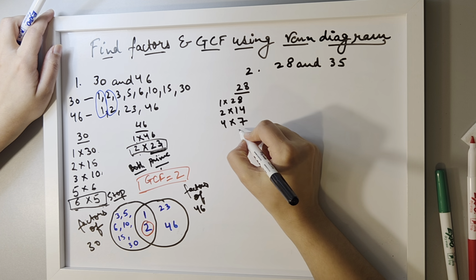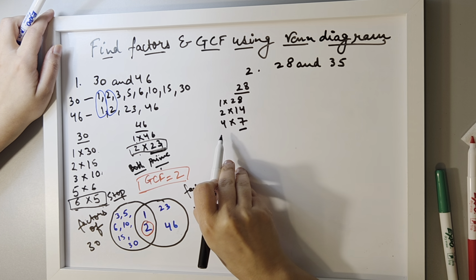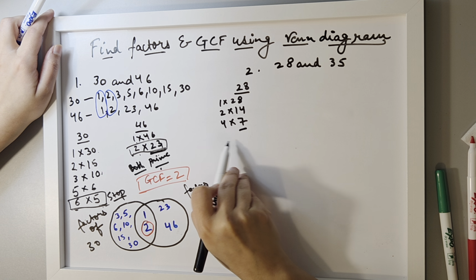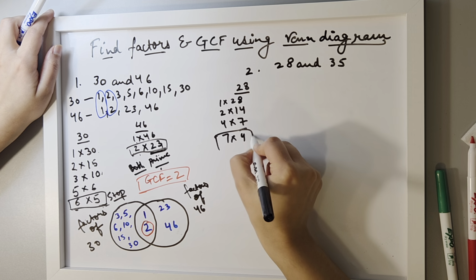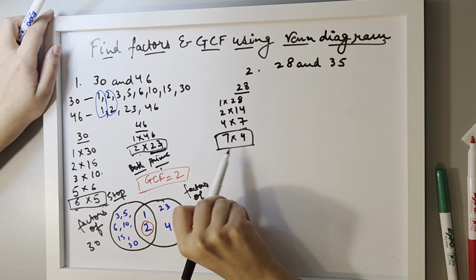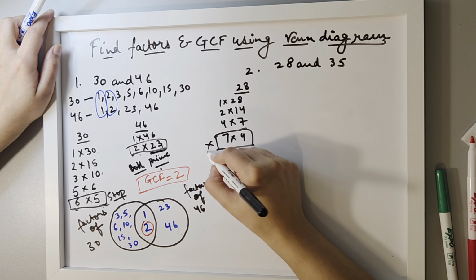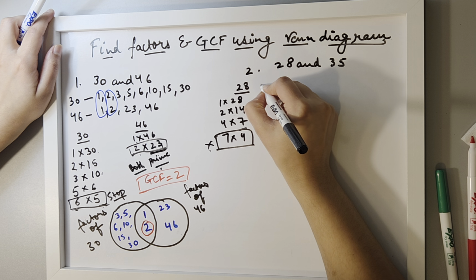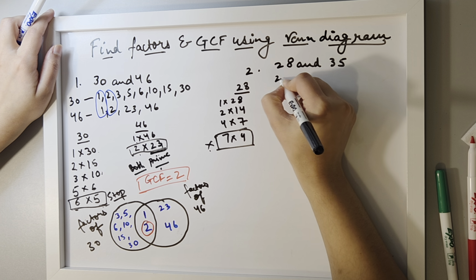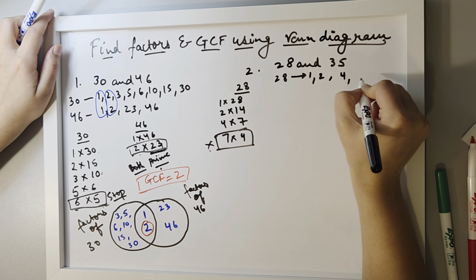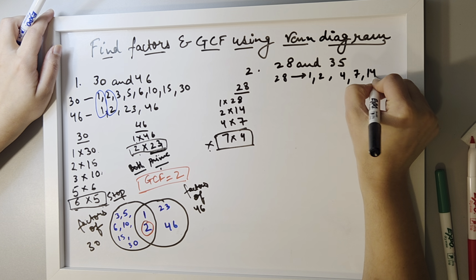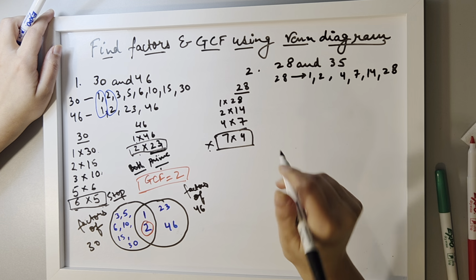That's it. If we try further, 5, it doesn't go with 5, doesn't go with 6, then 7, 7 into 4. It's getting repeated again. Okay, so this is a good place to stop. So the factors for 28 will be 1, 2, 4, 7, 14 and 28.